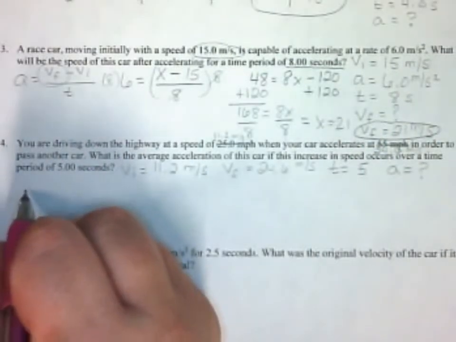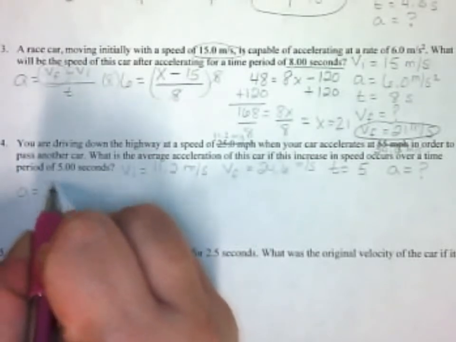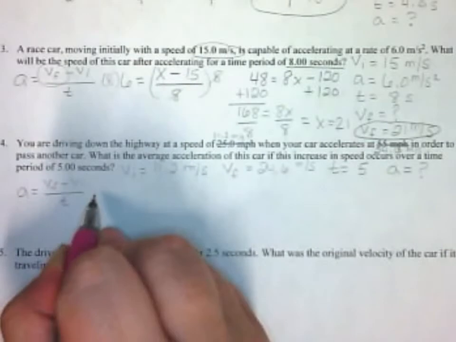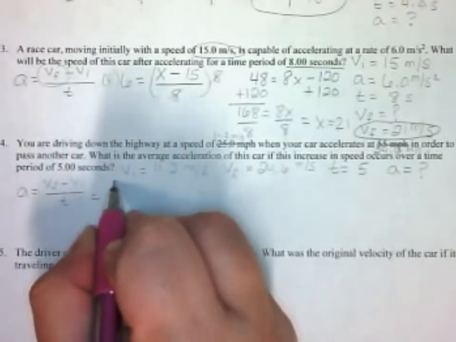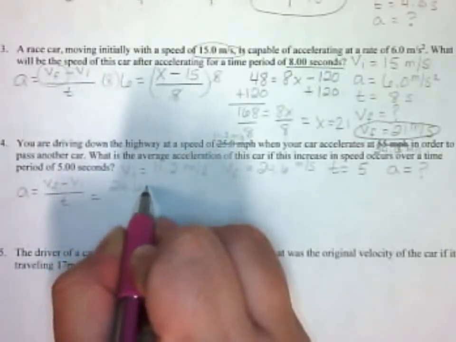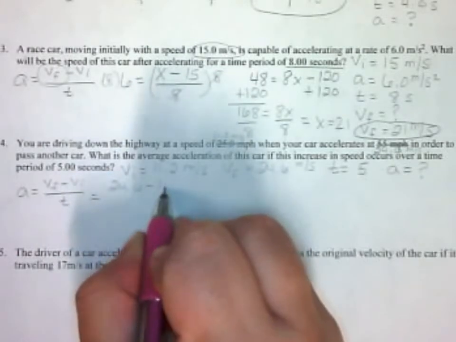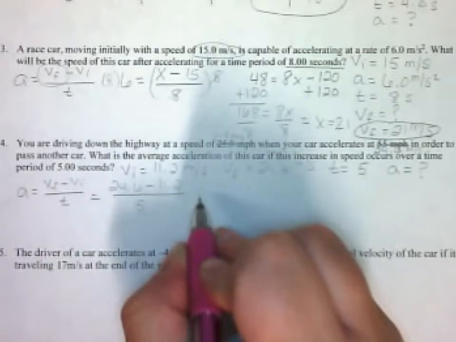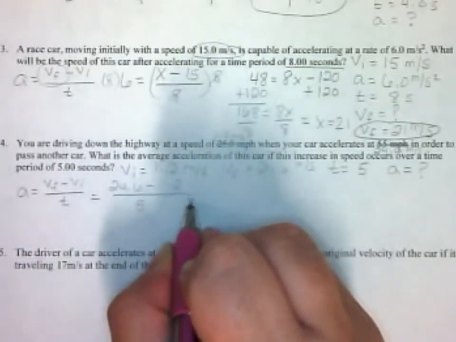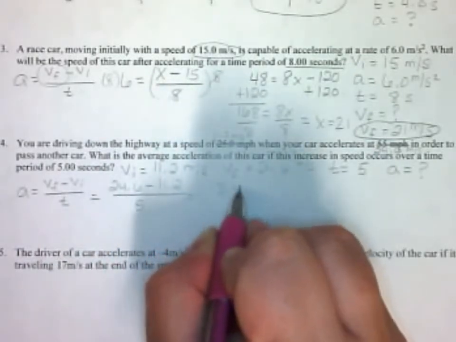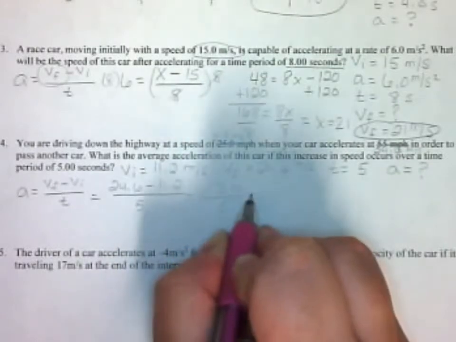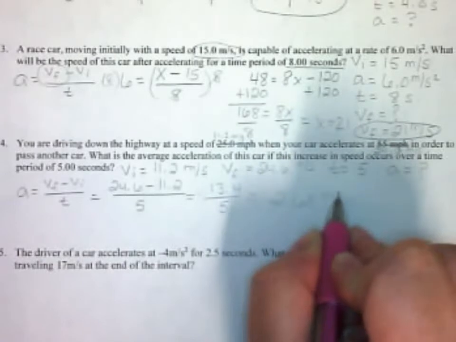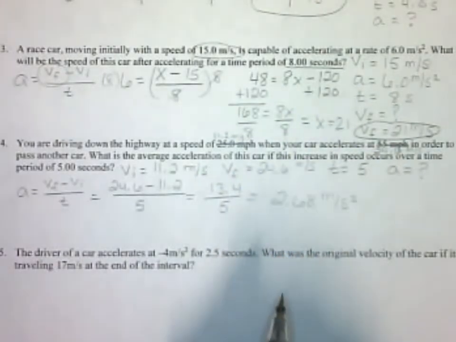We're going to write down our formula. A equals VF minus VI divided by T. Our VF was 24.6 minus our VI, which was 11.2, divided by 5. That's going to be 13.4 divided by 5, which comes out to 2.68 meters per second squared.